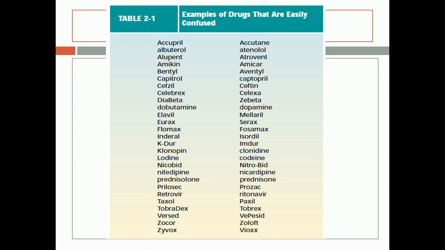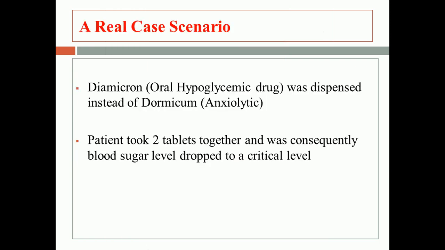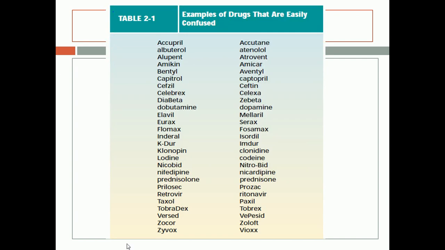Here are examples of drugs that are easily confused. For example, Kador or Imdor, Inderal, Isordil, Flomax or Fosamax, Urex and Cirex. Then we have Zocor and Zoloft, Zyvox and Vioxx. These are all different drugs, like nifedipine and nicardipine, prednisolone and prednisone, Prilosec and Prozac, Retrovir and Ritonavir.